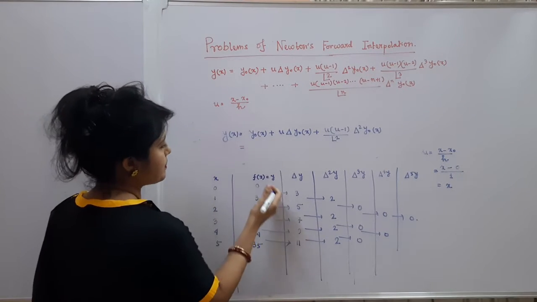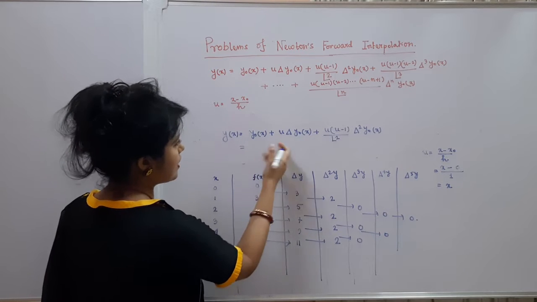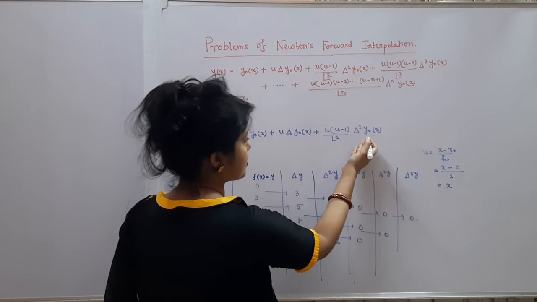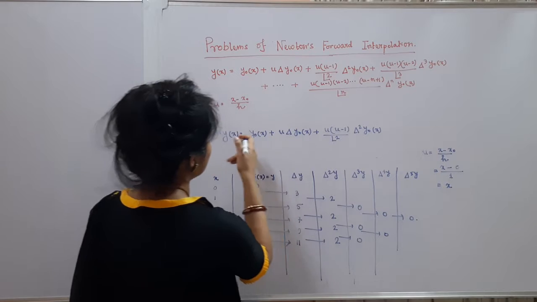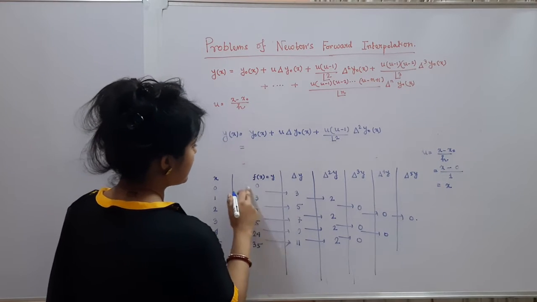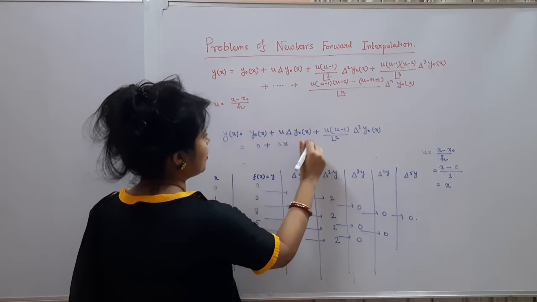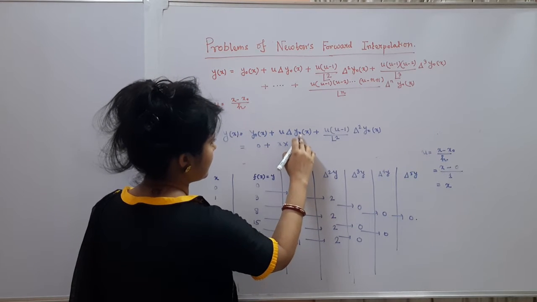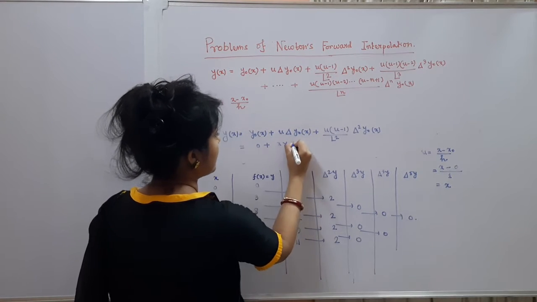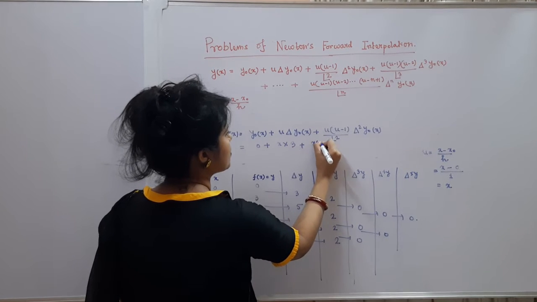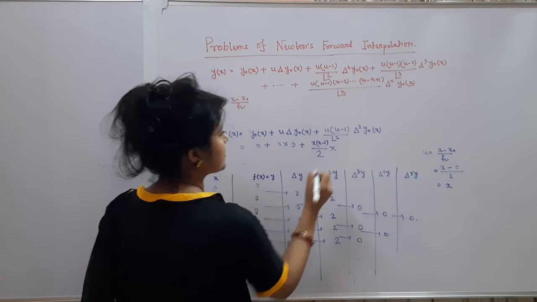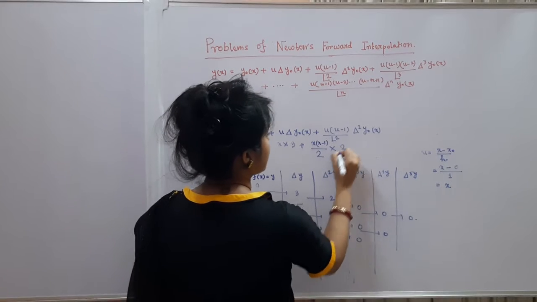Now you can substitute the values of y0x, delta y0x, delta square y0x and u in this expression. So y0x is 0 plus u is x into delta y0x is 3 plus x into x minus 1 by factorial 2, and this is delta square y0x.